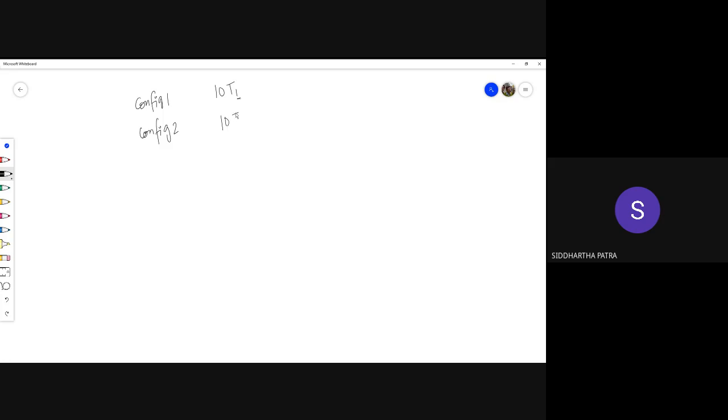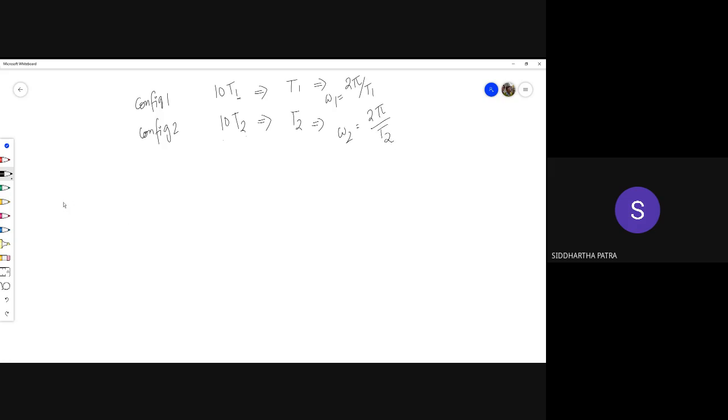And this is for the second configuration. We had noted down the time period for 10 oscillations. From that, you would get the time period for the first single oscillation in each configuration. From that, you will get the natural frequency, which is twice pi divided by the time period. So this one would be omega 1, and omega 2 would be twice pi divided by T2.